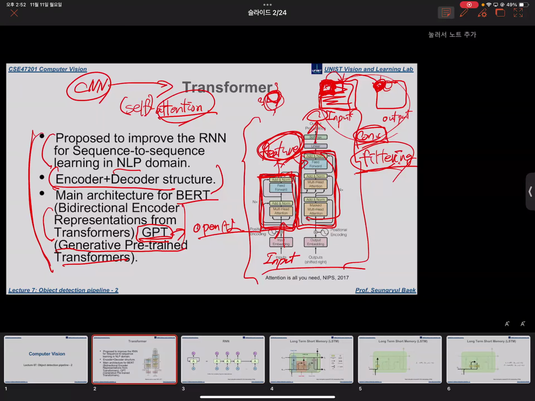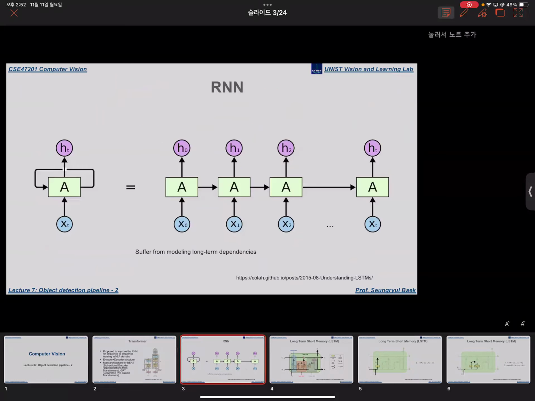And before explaining about the transformer, I have to maybe first explain this RNN architecture. This is the architecture called the recurrent neural network. Okay. So RNN, recurrent.